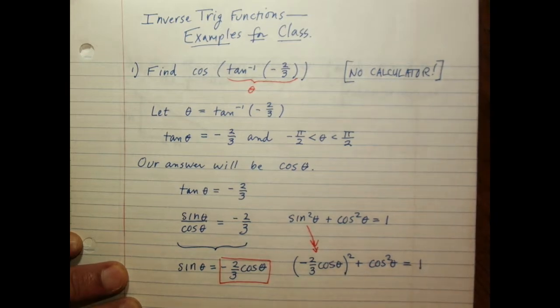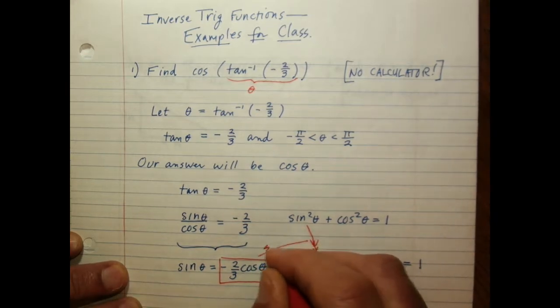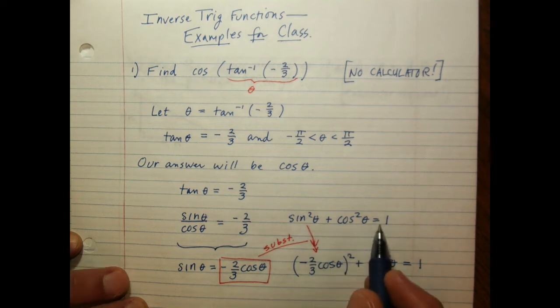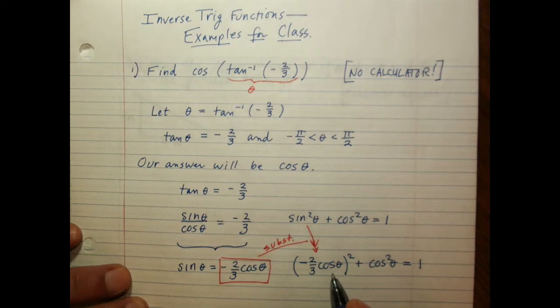So I made a substitution to get this equation, which came from sine squared plus cosine squared equals 1, that involves cosine theta only. So if I square here, I have 4/9 cosine squared theta plus cosine squared theta equals 1.